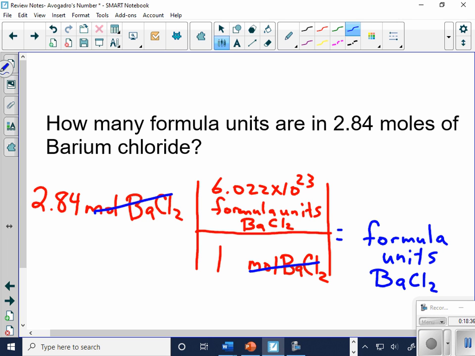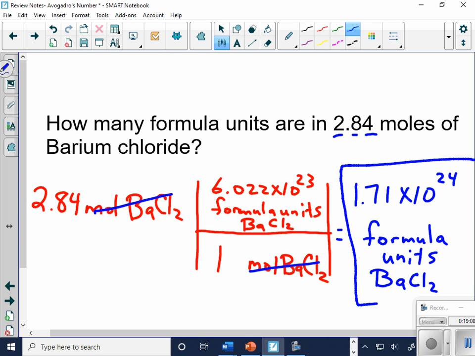I come up with a value, and I always go back to the number I was given in the problem: 3 sig figs. I'm doing multiplication here, so I still stick with 3 sig figs. That tells me 1.71 times 10 to the 24th. And I put a box around it so Mr. Braun knows exactly where my answer is.